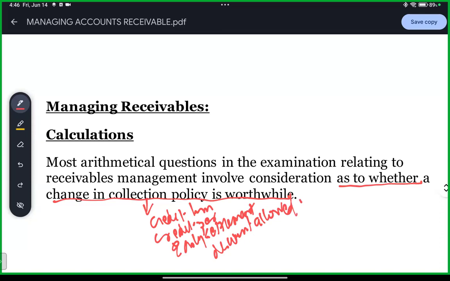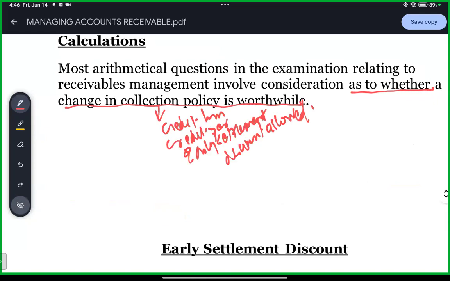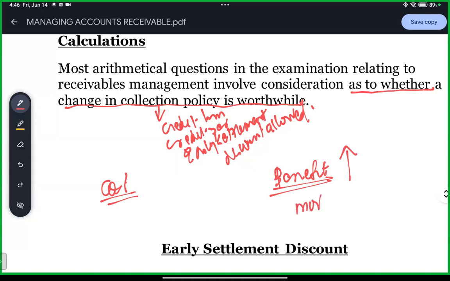When you get a question like that, you will do a cost-benefit analysis. You will evaluate the cost and the benefit associated with that scheme. And by common sense, the benefit has to exceed the cost in order for you to move forward with the policy. So that is a cost-benefit analysis.